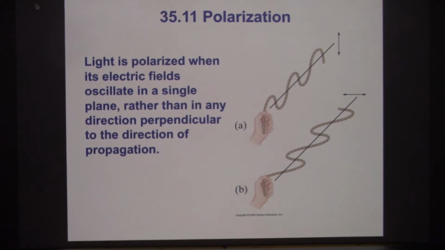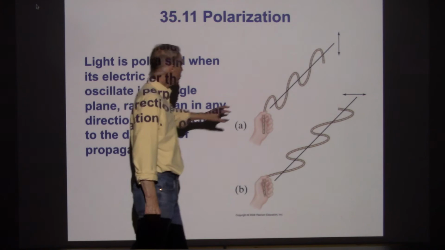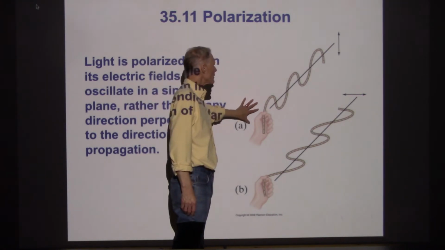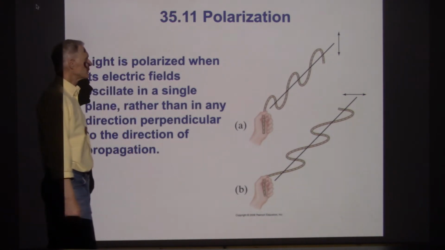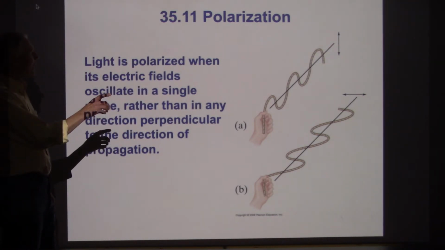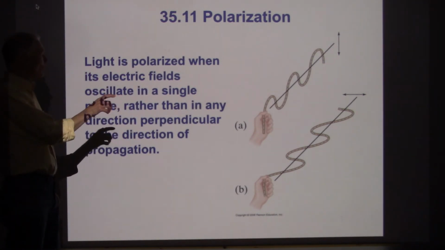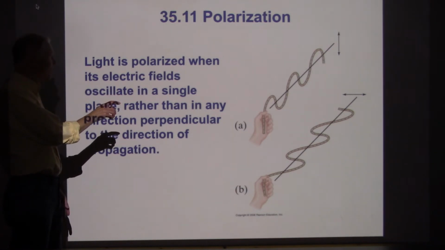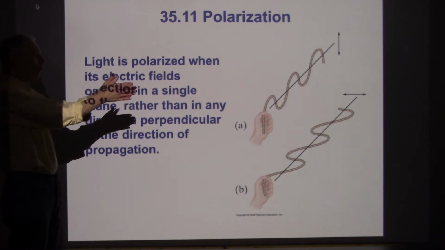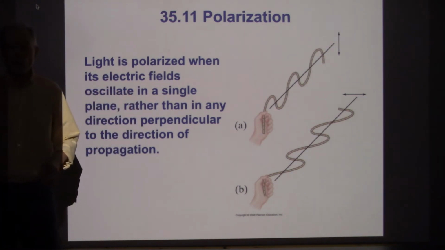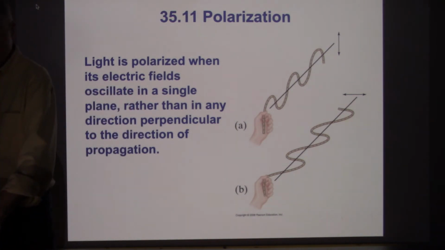And this is an interesting property that fundamental particles have. Photons have the effect of polarization. What they're showing here is one analogy: the electric field within light can either be vertically oriented or horizontally oriented as it propagates.